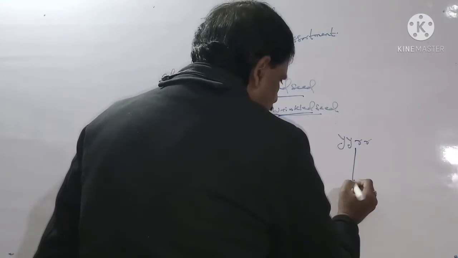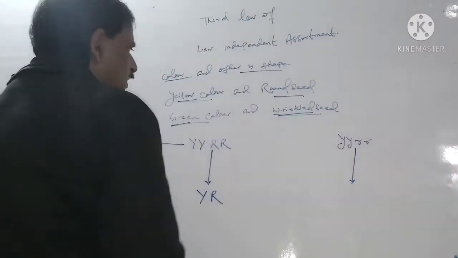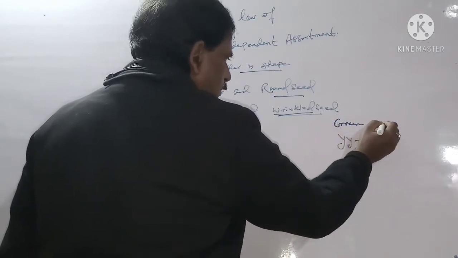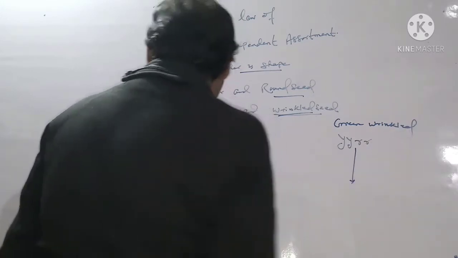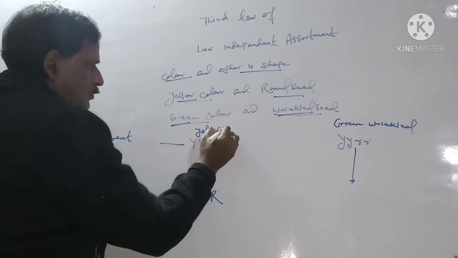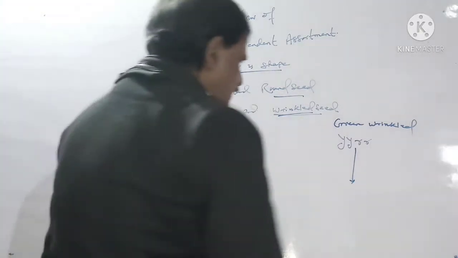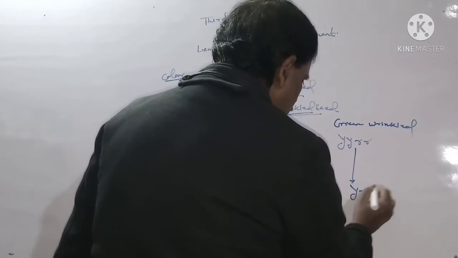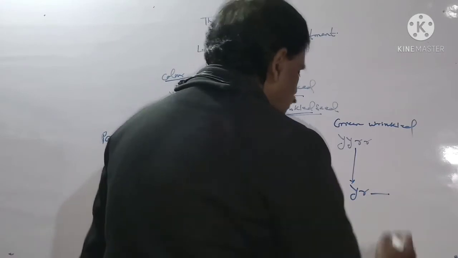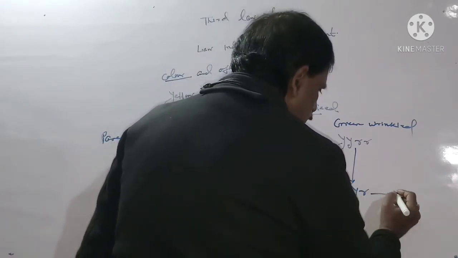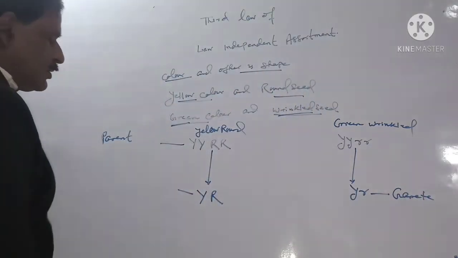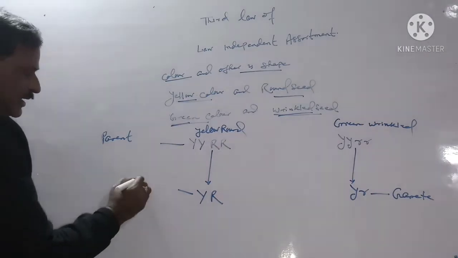The gamete formation of green color and wrinkle shape, green wrinkle, and yellow round: the gamete of green wrinkle is small y, small r, and the gamete of yellow round is capital Y, capital R.